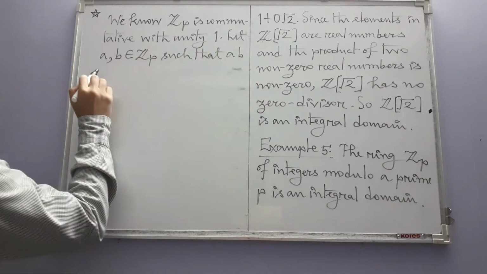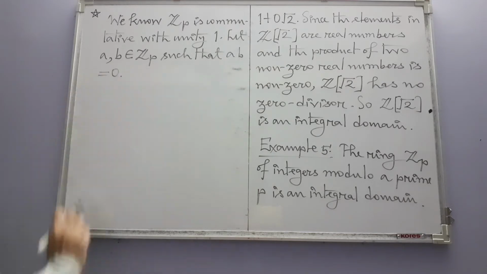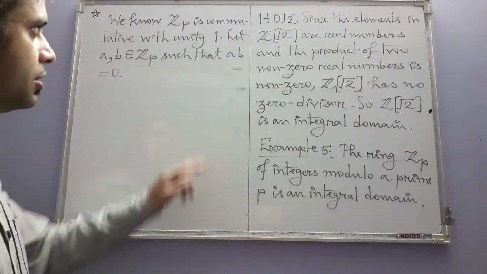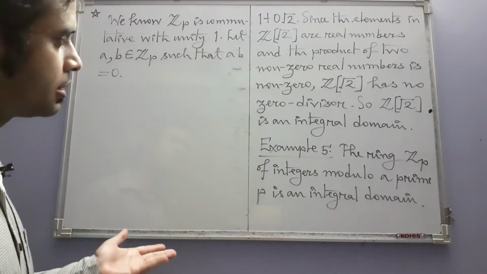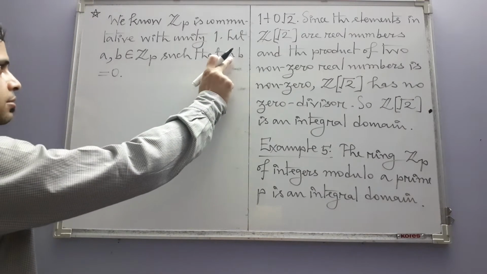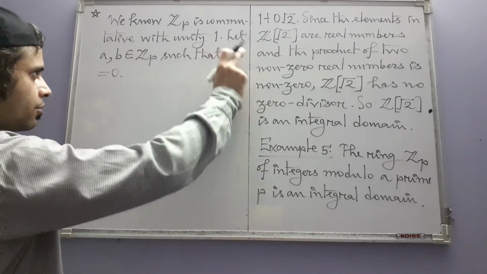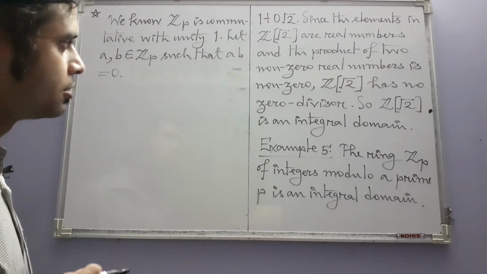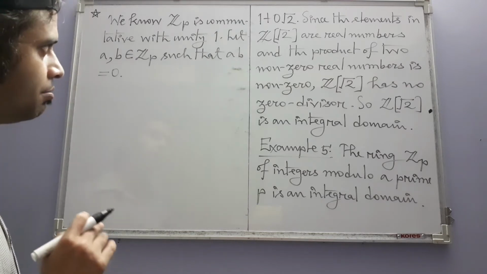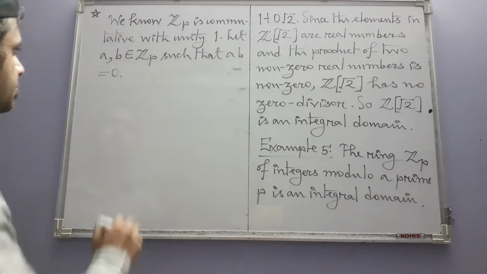ab is equal to 0. You should understand that this ab is not the ordinary product ab of the two integers a and b. This is the product where we have used multiplication modulo p. So this really means that p divides ab.